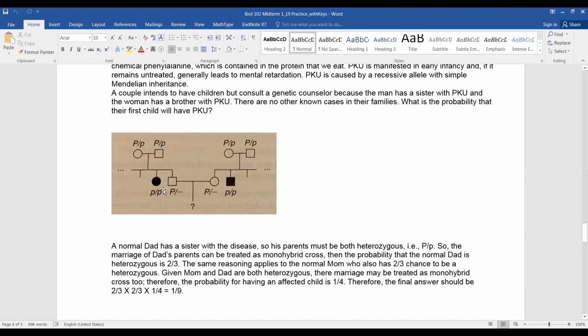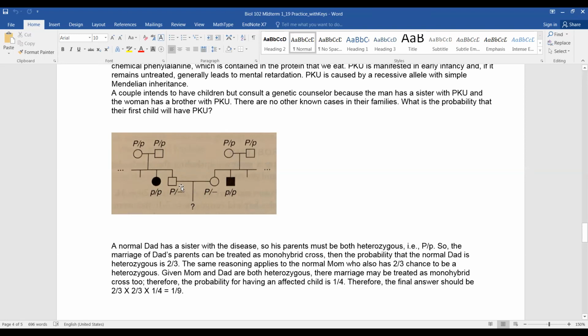This is an autosomal recessive disease. Those are the two individuals affected in these two families so far. Both of their parents are normal in phenotype. They should be carriers, right? Because heterozygous carriers can give affected kids in both families.